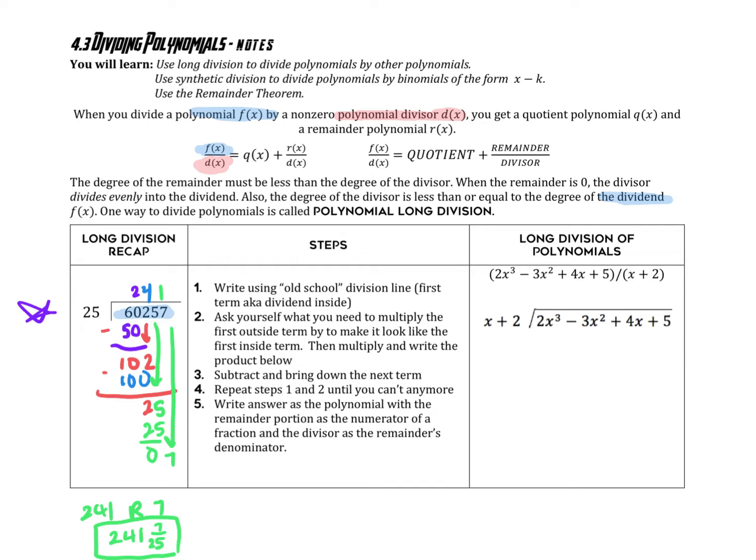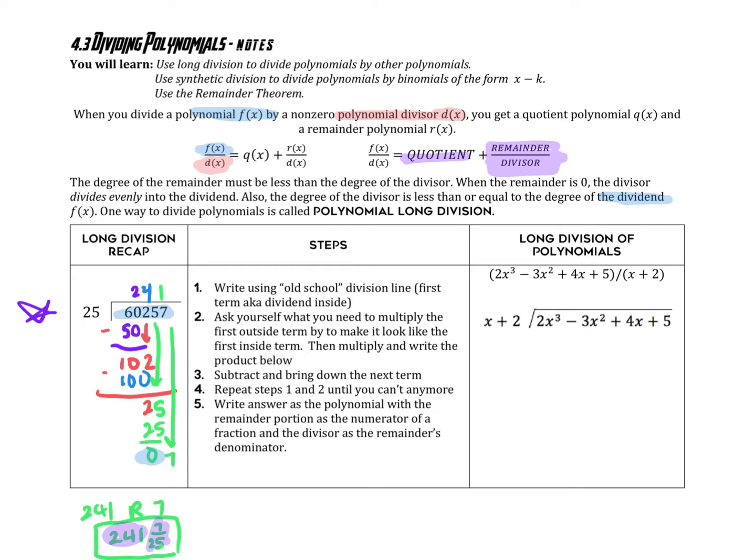So when we do this, sometimes things divide evenly. Like if I just divided 25 into 6,257 right here, I would have gotten to stop, and I would have had something that divided evenly in. However, when we don't have something that divides evenly in, we have this remainder. So what we'll have as our answer is the quotient plus that remainder.